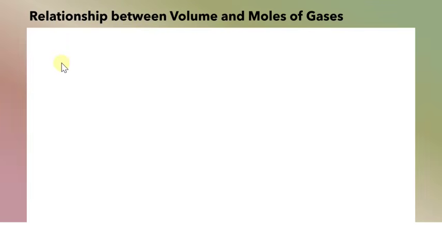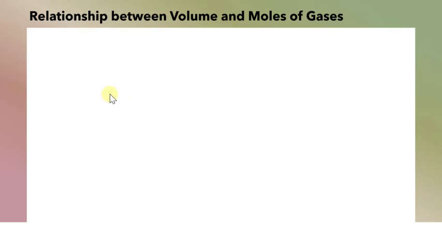All right, so we go to the last part, relationship between volume and moles of gases. Okay, so we are now looking at the relationship between volume and moles of gases.